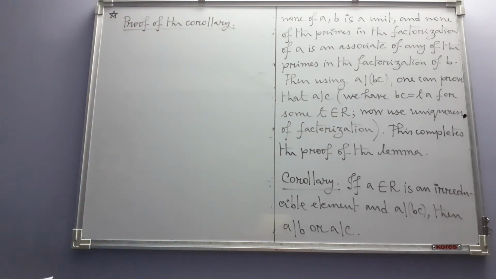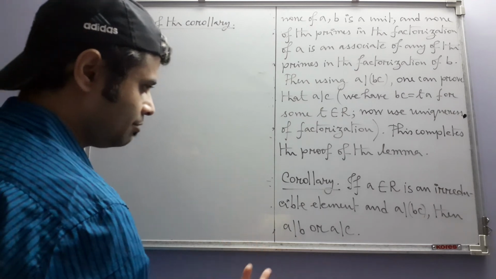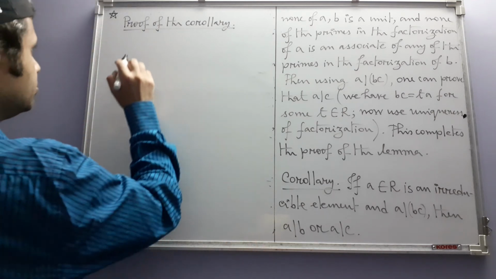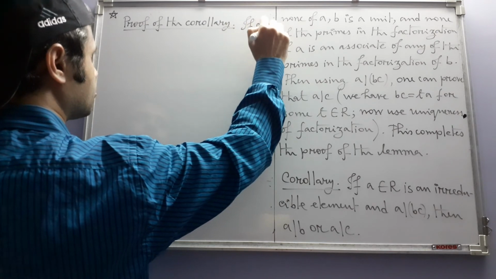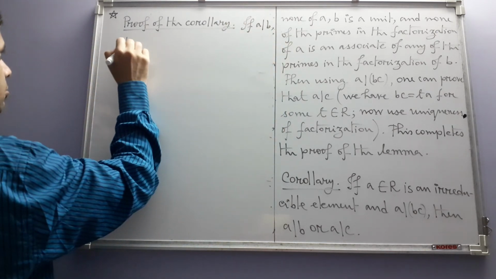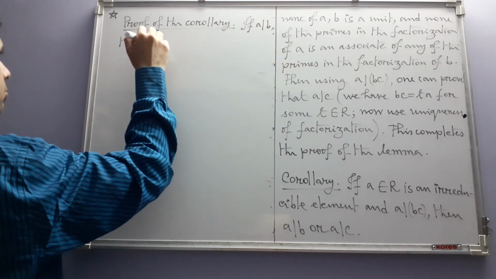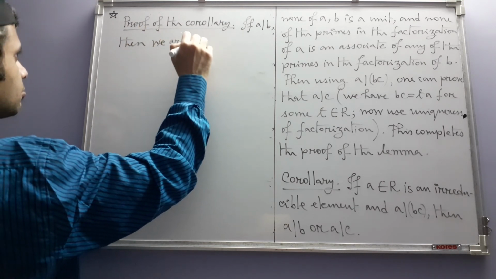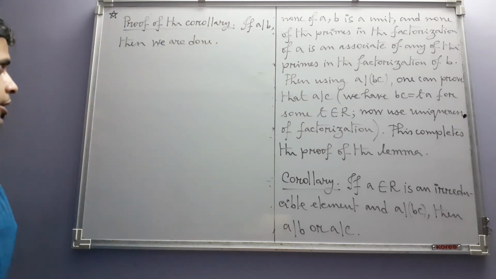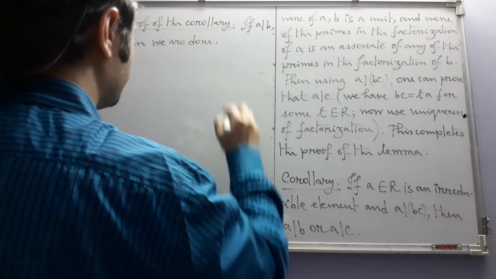Okay, so if A divides B, then there is nothing to prove. Then we are done.